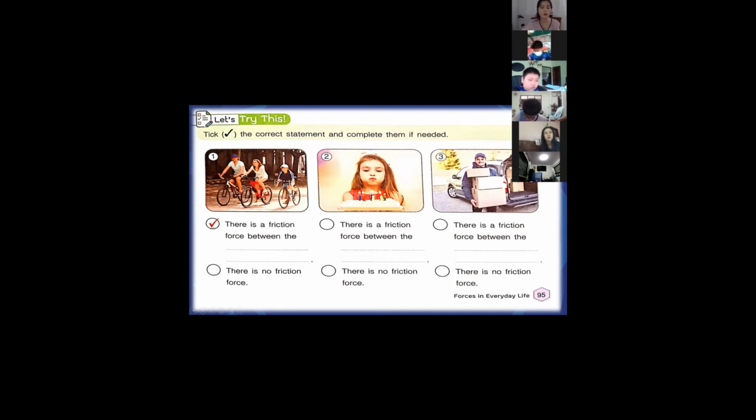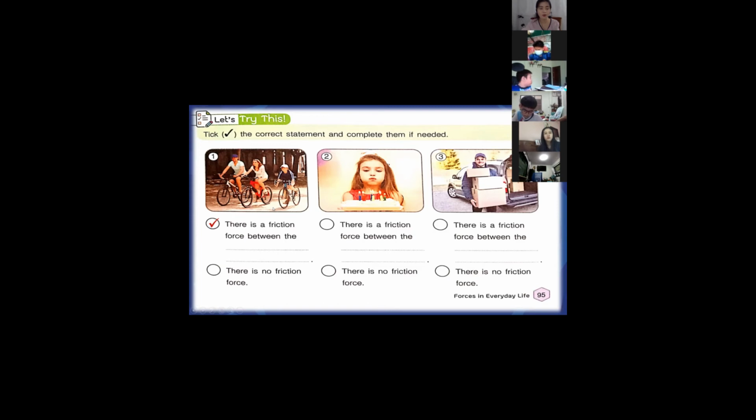Now, if you said there is a friction, we are going to complete the sentence. It says here, there is a friction force between the blank. Is it the trees and the ground? Is it the woman and the ground?